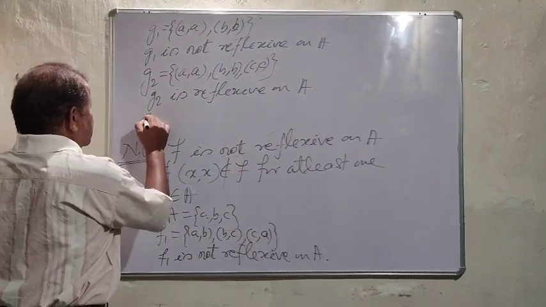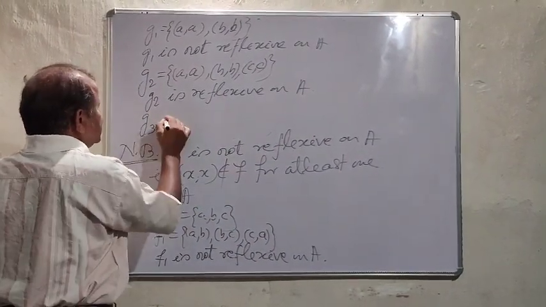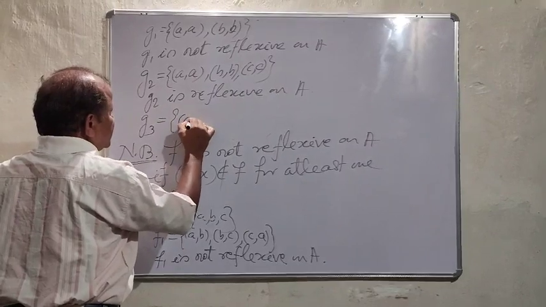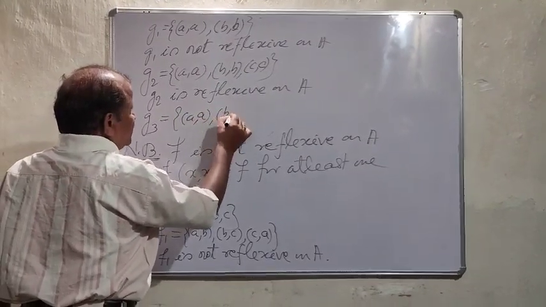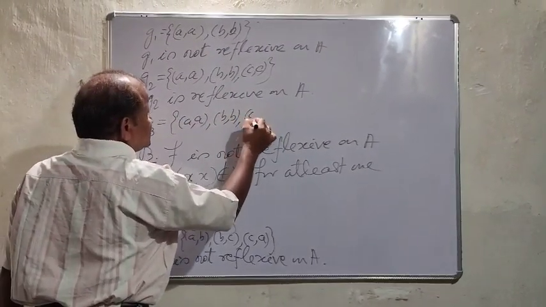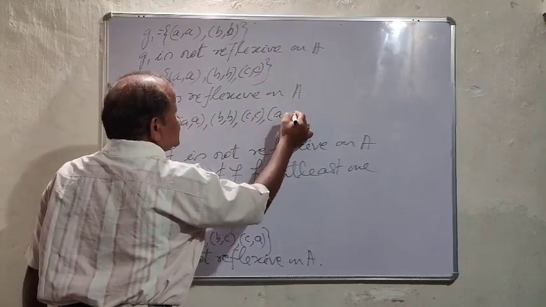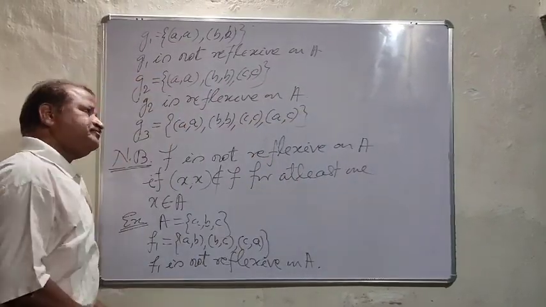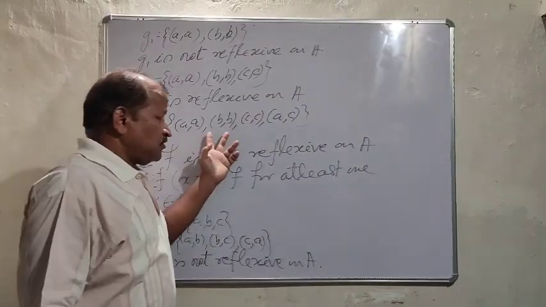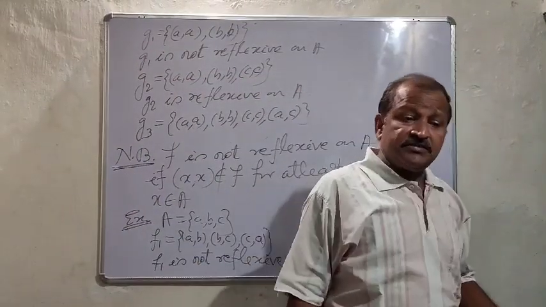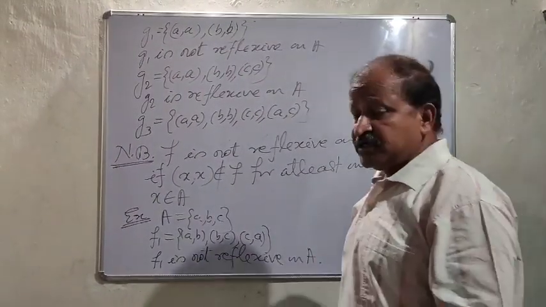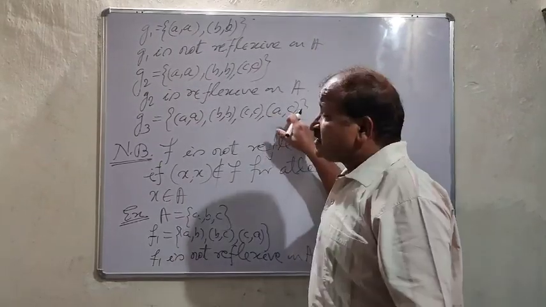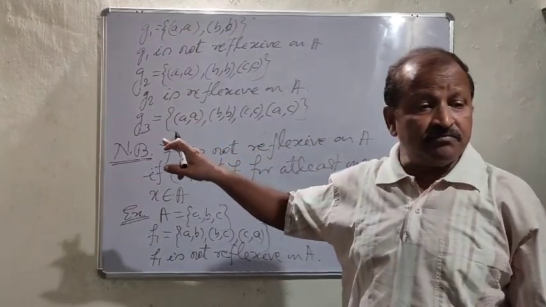Let us take another example, another relation, that is G3. Suppose it is AA, BB, CC, AC. Yes. It is also reflexive on A. Students say, sir, AC is there, so it is not reflexive.